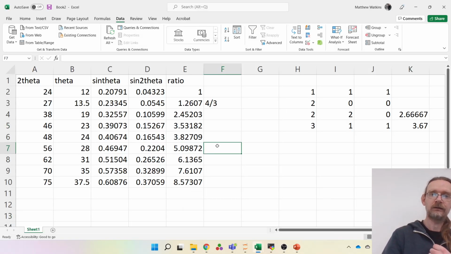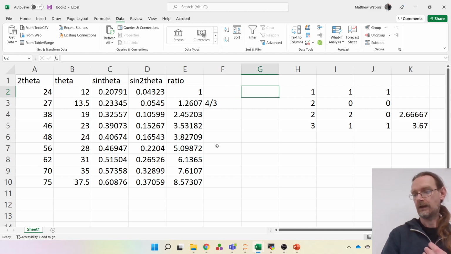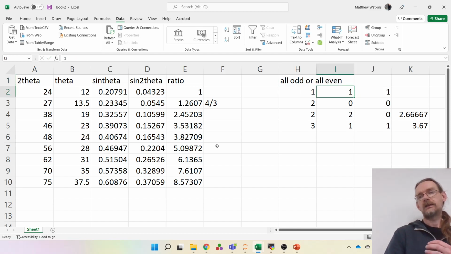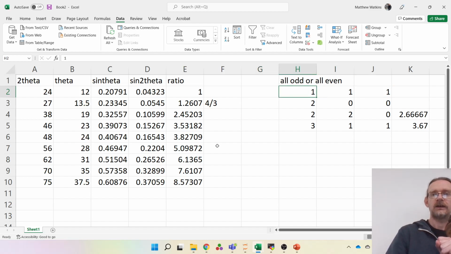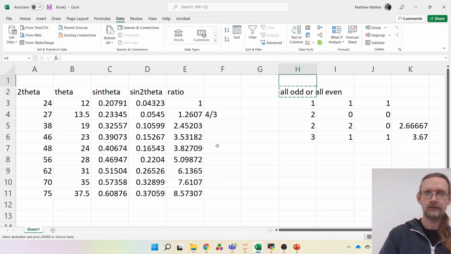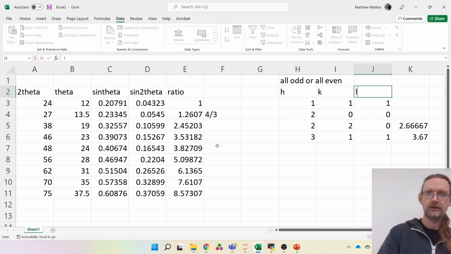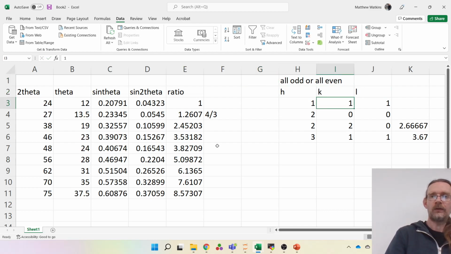And coming back to this data I've just had a look at, this must be a face-centered cubic, which means all odd or all even. So the first allowed reflection is with h, k, l given by 1, 1, 1.